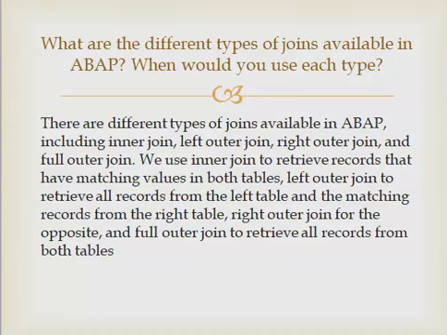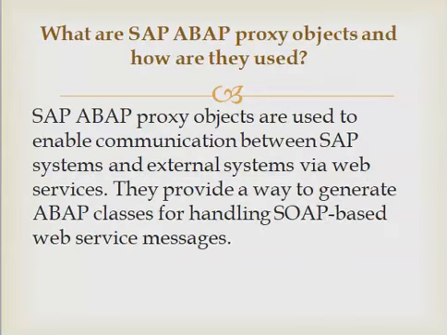Left outer join to retrieve all records from the left table and the matching records from the right table. Right outer join is the opposite. And full outer join to retrieve all records from both tables.